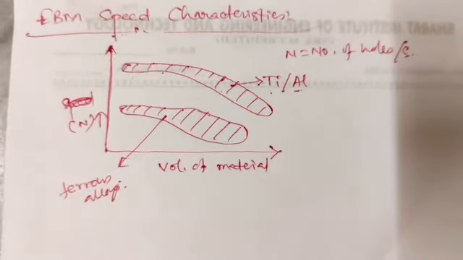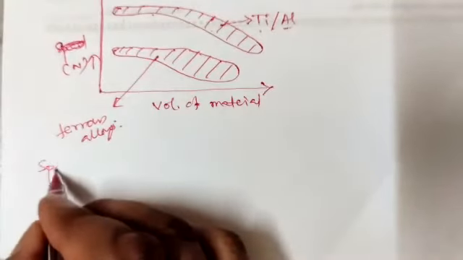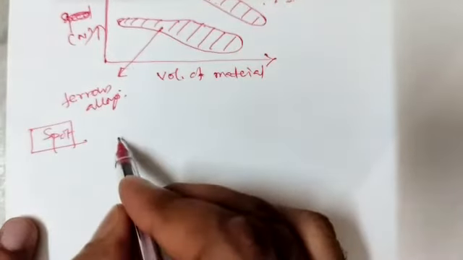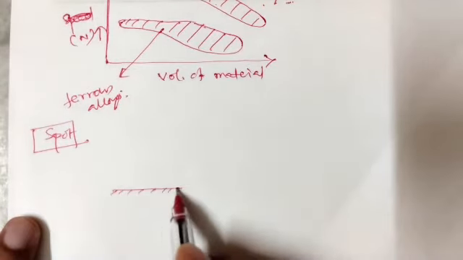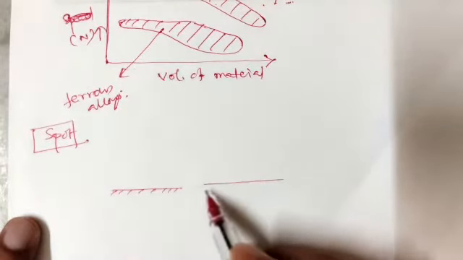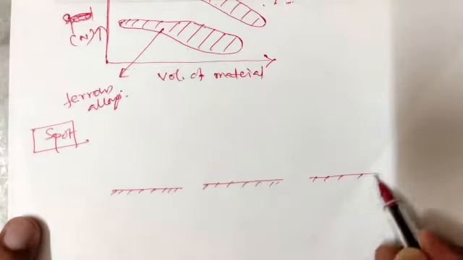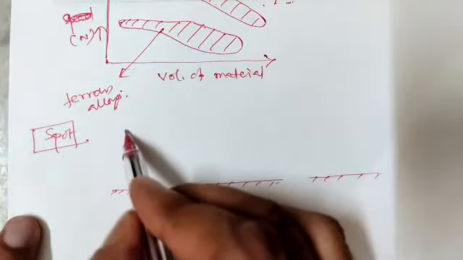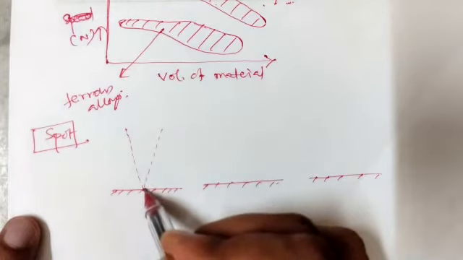Now, one more thing I want to tell you regarding the spot, or how we are managing the spot. Suppose for example, here we have the workpiece. Three cases I will draw and explain. One, two, three. Number one, we can focus all the beam here. It depends on this.